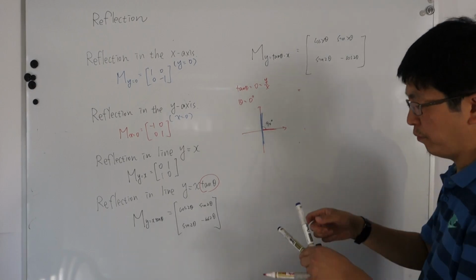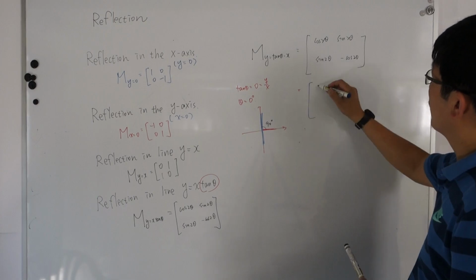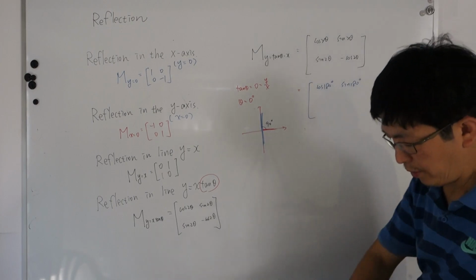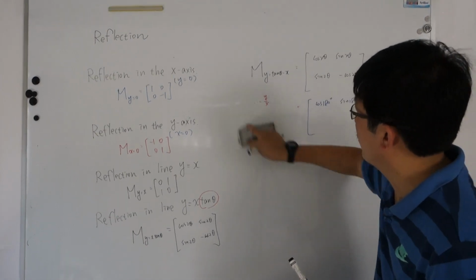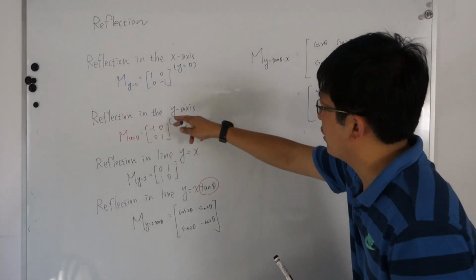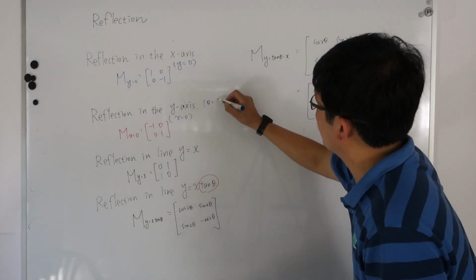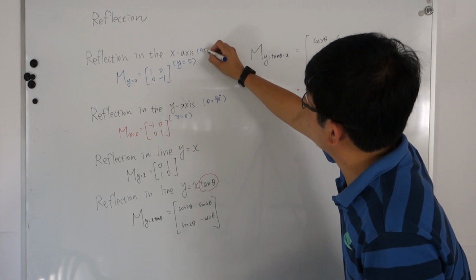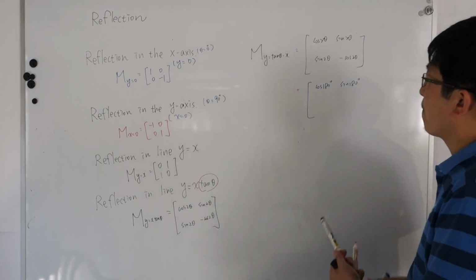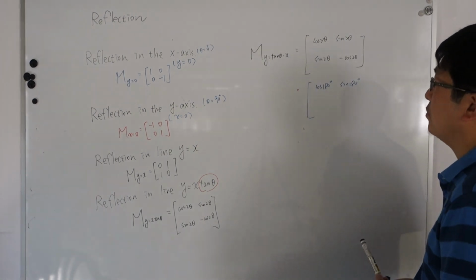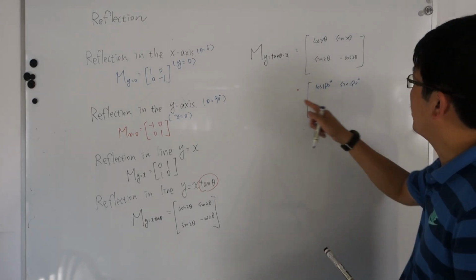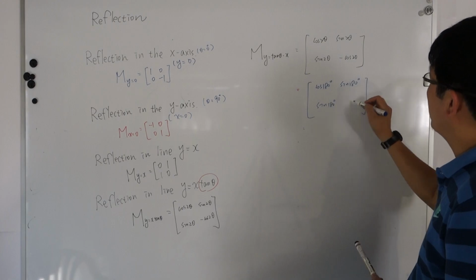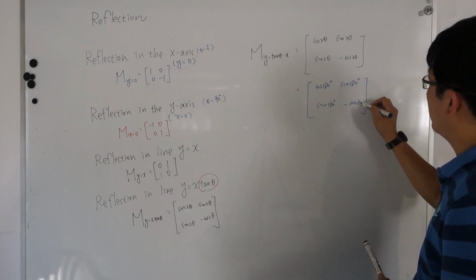We get cosine 180 degrees, sine 180 degrees, sine 180 degrees, negative cosine 180 degrees.